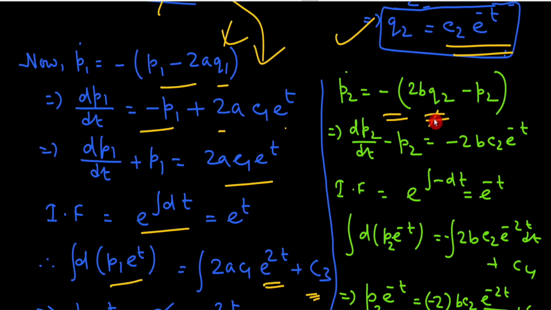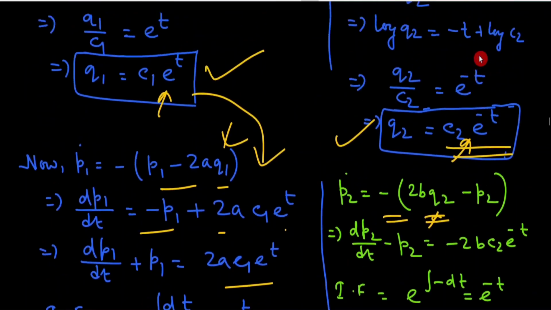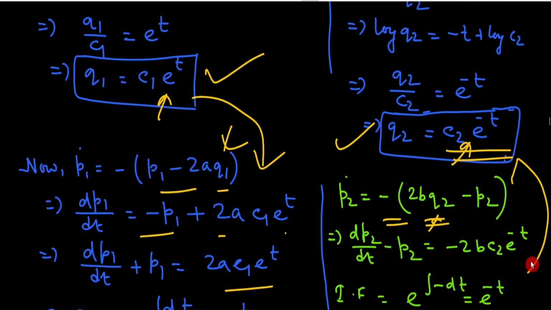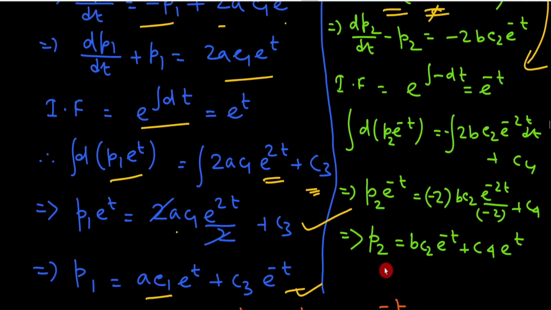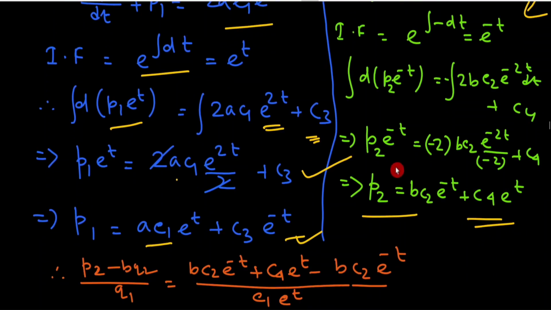Since the value of q2 is equal to c2 e to the power minus t, put the value of q2 into here. So this is also a simple differential equation. If we solve this by the same method as above, we get the value of p2 equal to b c2 e to the power minus t plus c4 e to the power t. This is simple calculation.